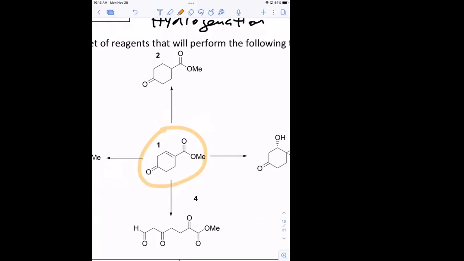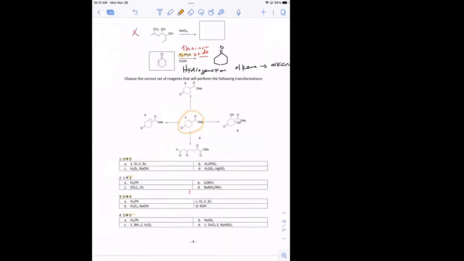So what must I have added to remove that double bond? Hydrogen. Good. So what set of reagents down here am I going to choose to complete that reaction? H2 and platinum oxide. Yeah, B.